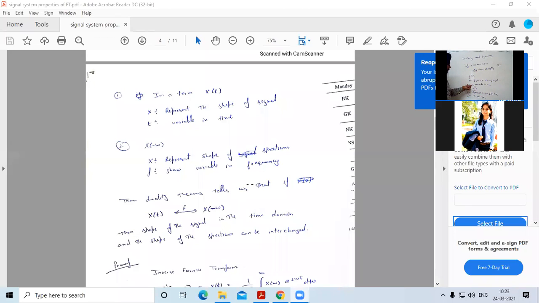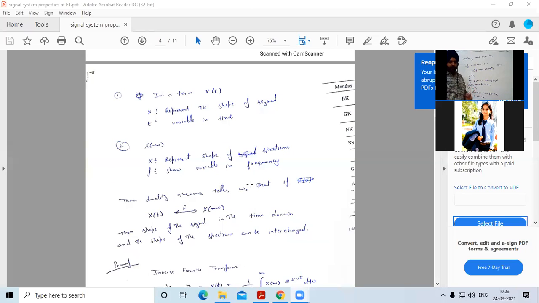T is the variable which is representing the time. F is the variable which is representing the frequency. So these two are the dummy variables, t representing time and f representing the frequency domain. Or we can say that omega is representing the frequency domain basically.